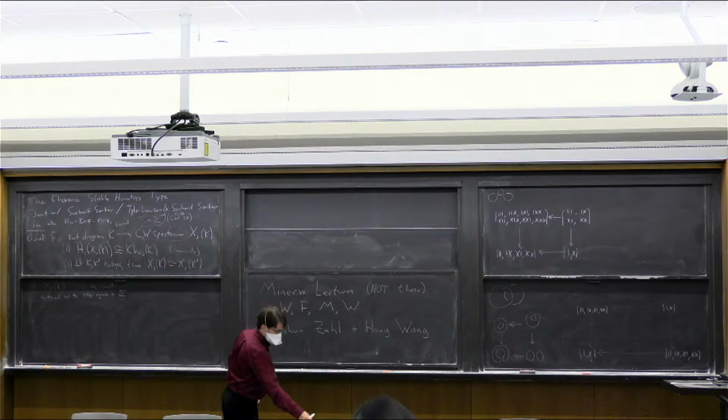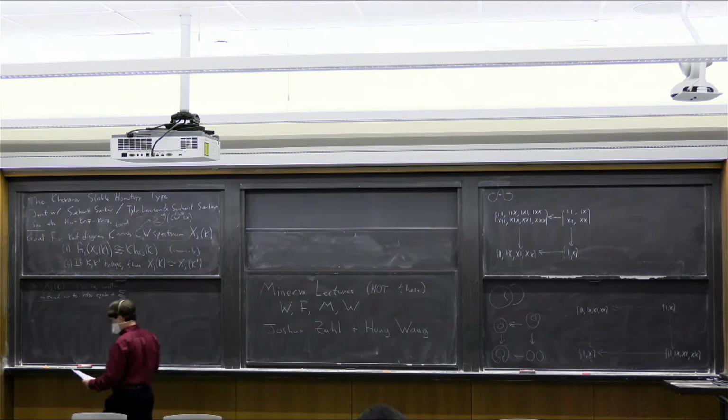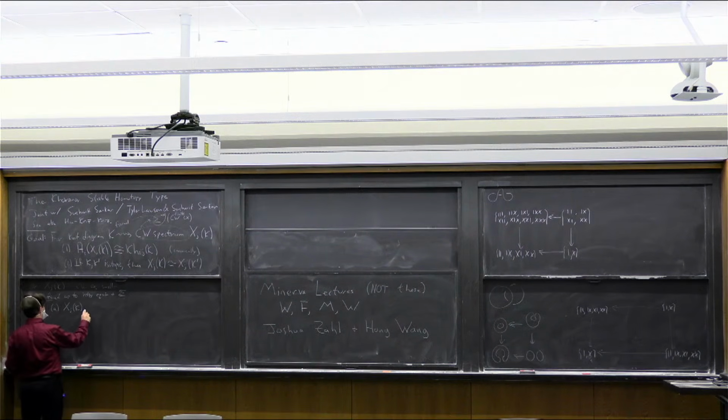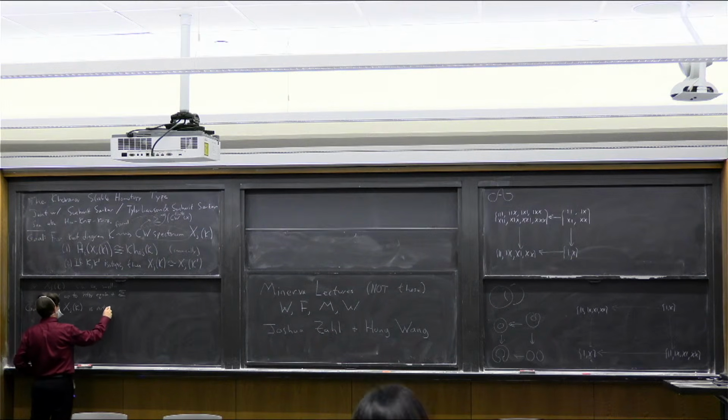Caveats. X_j of K is not some intrinsic construction like you take the 17th branched cover and look at maps from it to, I don't know, RP3 and I don't know what. So it is not intrinsic.